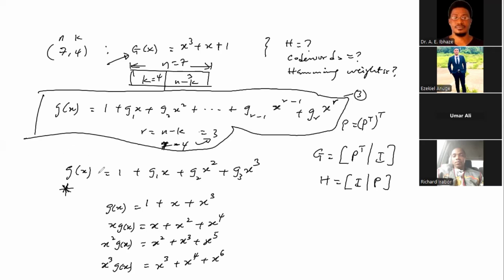So if we know g of x to be this, what could be x g of x? What could be x squared g of x? What could be x cubed g of x? Because for this generator polynomial, all of these coefficients are related to g of x, right? So we just develop a system of equations. If we plug this into this, and this into this, what are we going to get?